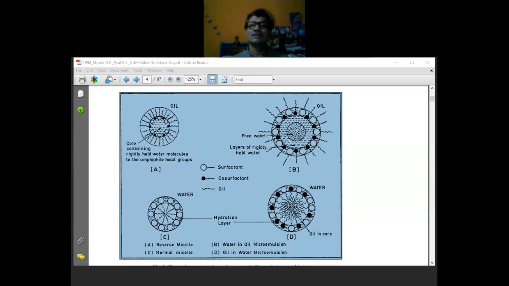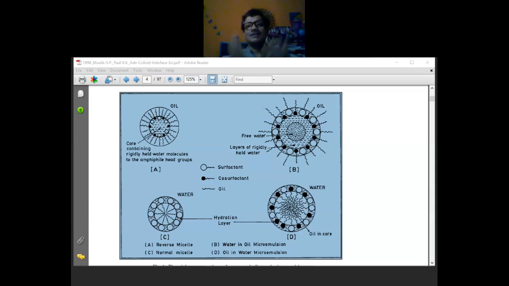On the other hand, if the surfactants are capable of forming reverse micelles, then the core is hydrophilic in nature and you can accommodate some water molecules into the core of the micelle. So you can disperse some water molecules into the core of the reverse micelle.